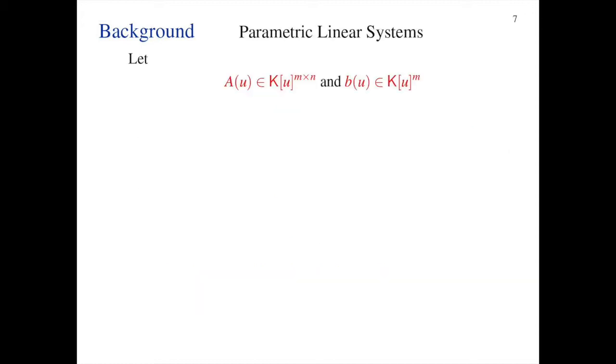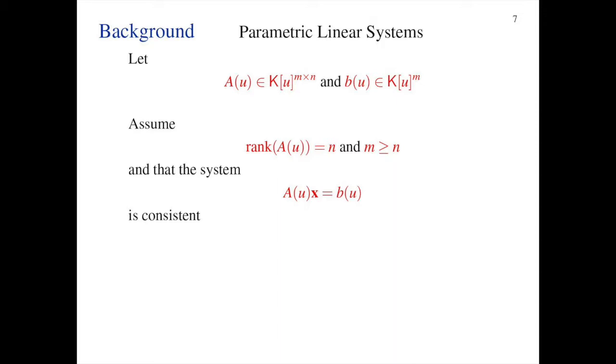All right. So now I'll define what we mean by parametric linear systems. So for the parametric system, we assume we have a matrix A and a right side vector B. And we'll assume that A has full column rank and the system is consistent, right?